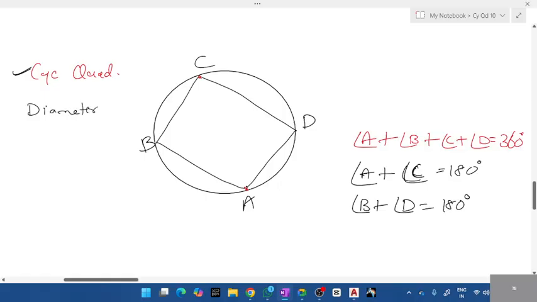Okay, second thing, diameter theorem. See, whenever a diameter is given, look at the angle formed on the semicircle. Example, if BD is the diameter, which one is the diameter here, Joanna? BD, yes. From the diameter, if you draw an angle at the circumference, which angle is formed?